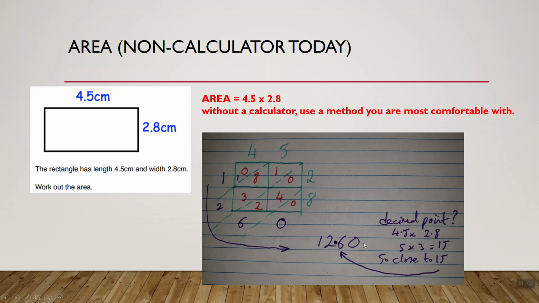So if I put the decimal point at the end, it would be 1,260, so that's no good. If I put it between the 6 and the 0, it would be 126. If I put it between the 2 and the 6, it's 12.6, which would make it as close to 15 as you would get. So the area of that rectangle is 12.6.